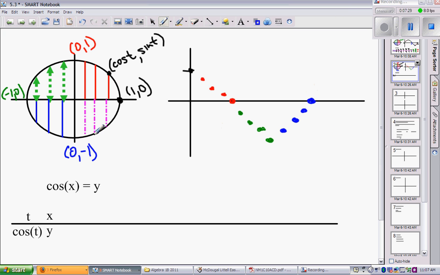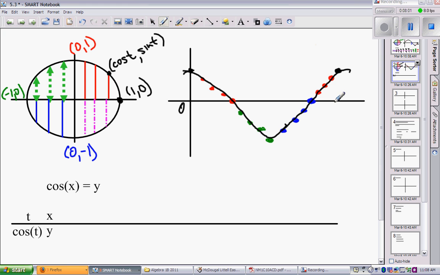Over to quadrant 4, you're getting more and more positive until you are back at the start of 1, 0. Now let's connect that with a curve. So our start point on our x was still 0.